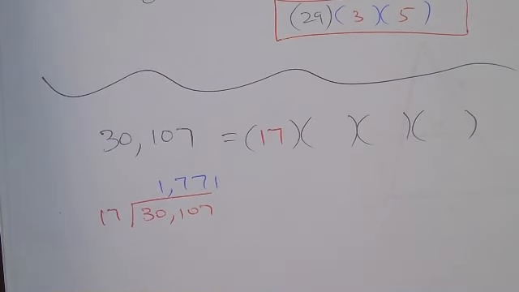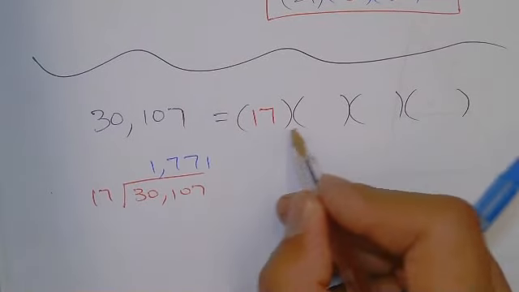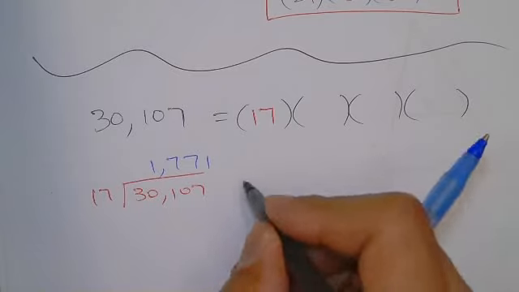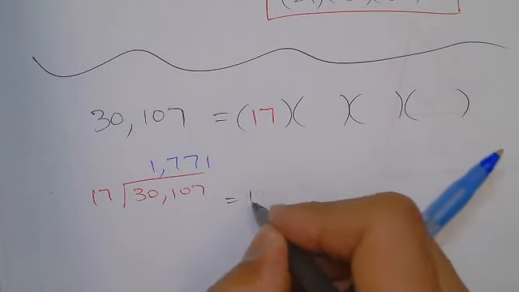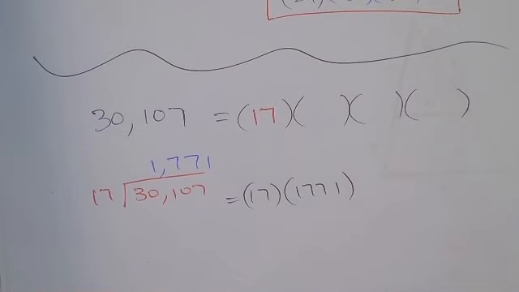Okay, because I got remainder 0. So right now I know that it's, well, I used to only have 1. Does everybody agree now I have 2? Now I know that it's 17 times 1,771.